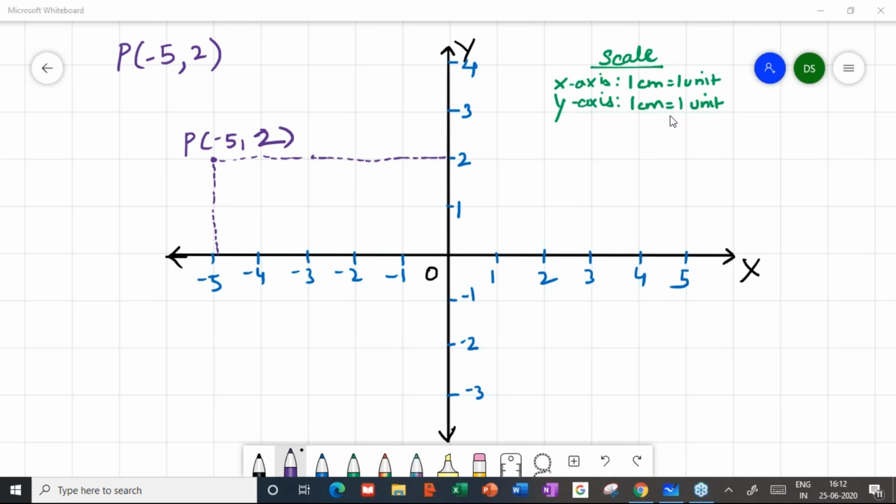Okay, so this is done. This is basically the last concept I was trying to cover, which is they'll ask you how to plot points. Okay, clear? Just keep this in mind when you are going to solve sums.